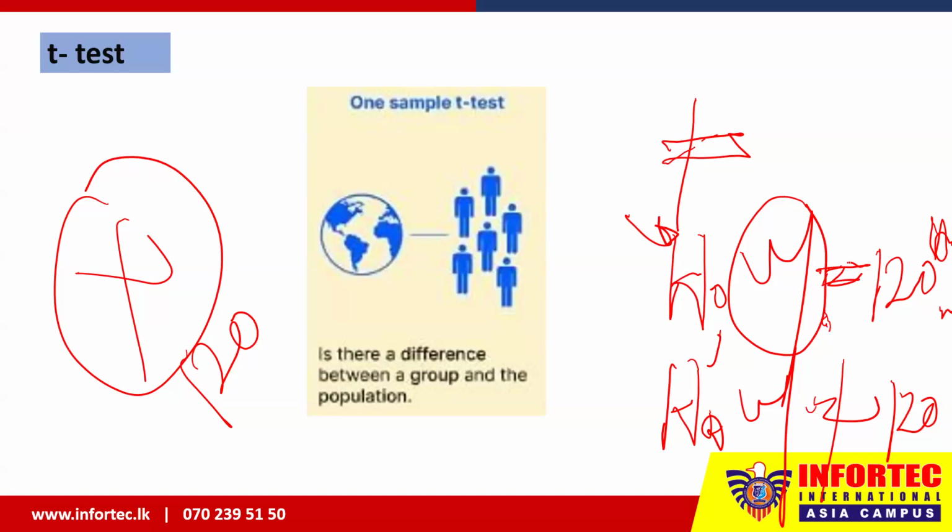When you are considering the one sample t-test, you can consider only numeric variables, like weight and height, because we are comparing the mean or average value. To find the mean value, you need numeric variables, because you should add all the values.